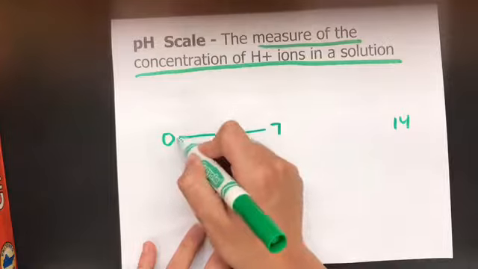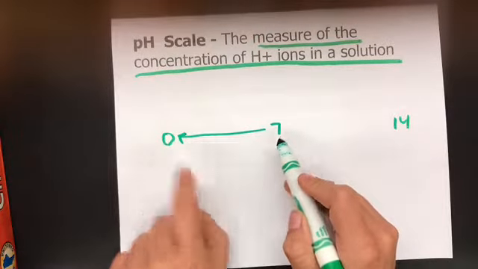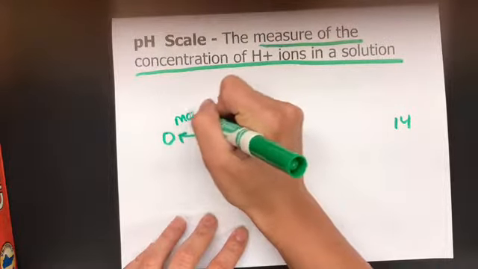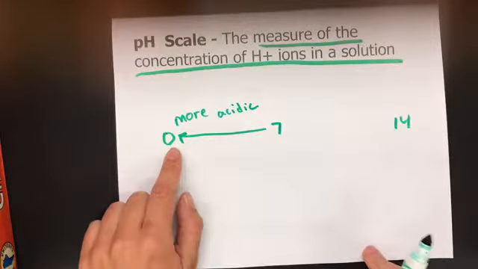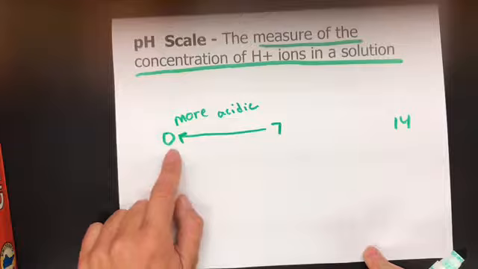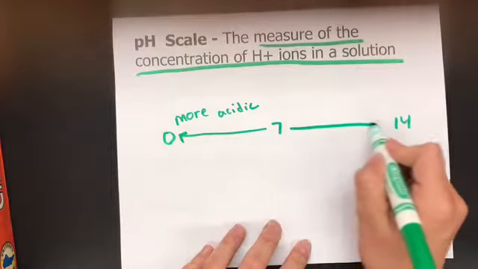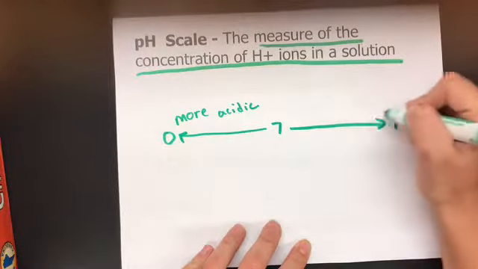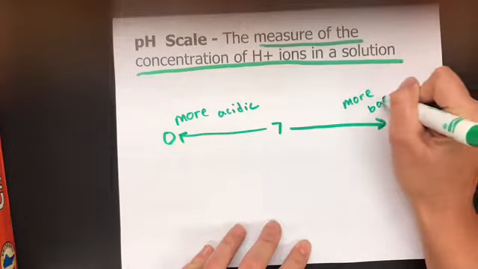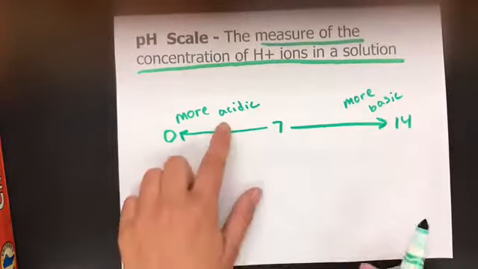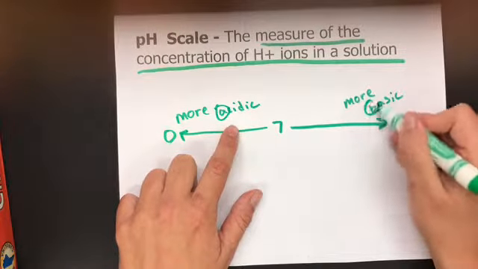Going this way, starting at 7 going to 0, you get more acidic. The closer it is to 0, the more acidic, the stronger the acid. Going the other way, 7 to 14, the closer you are to 14, the more basic. It's in alphabetical order, A, B.